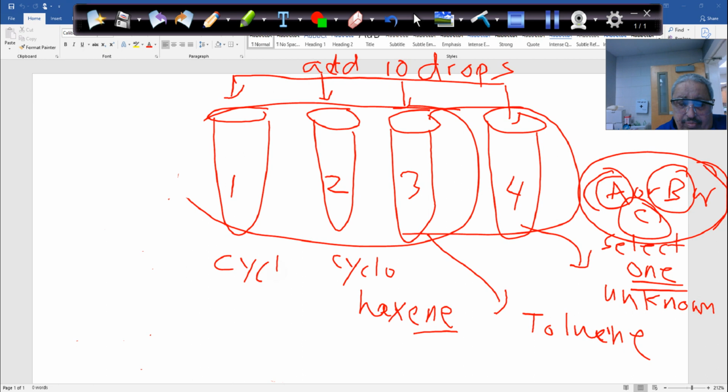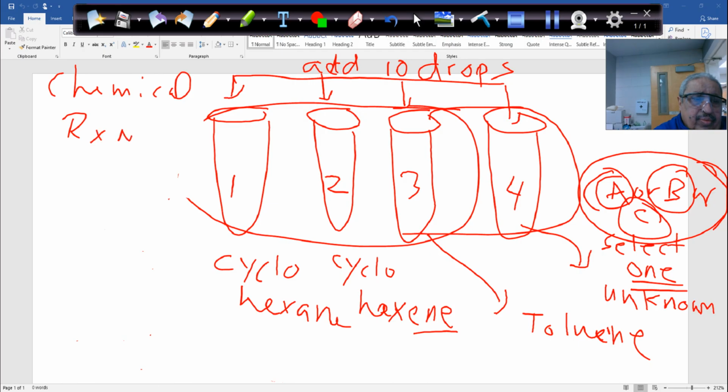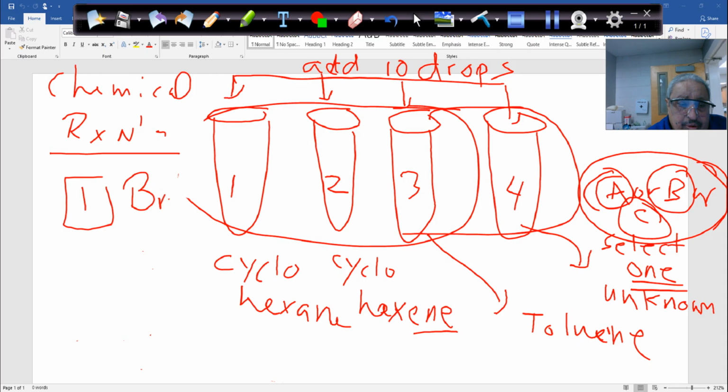This is cyclohexane. So the first chemical reaction now. In all those four, cyclohexane, cyclohexene, toluene, and the fourth test tube, your unknown, you'll add bromine.